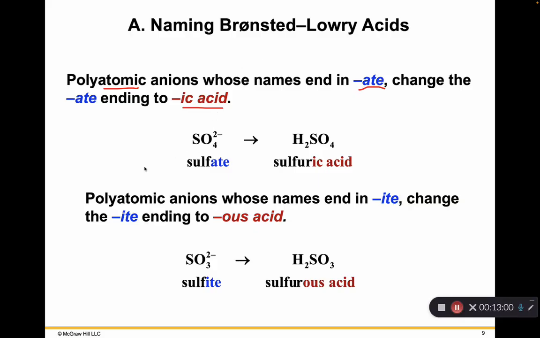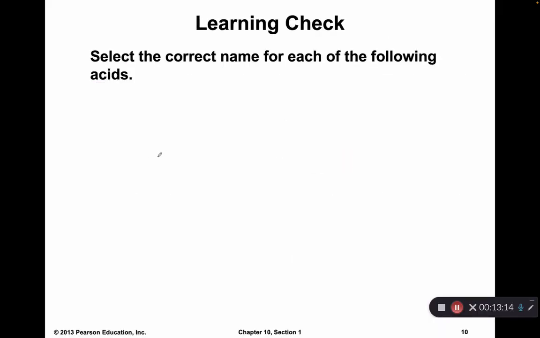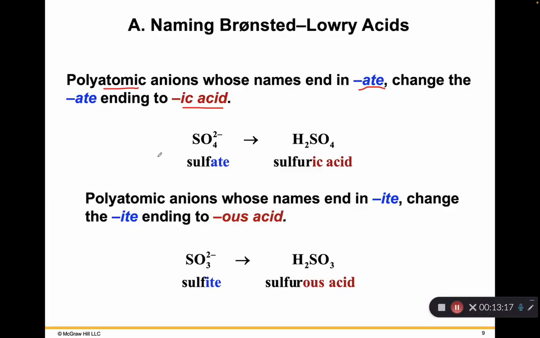If I have sulfate ion, anyway, so I have here sulfate, right? I have to make the acid name sulfuric acid.